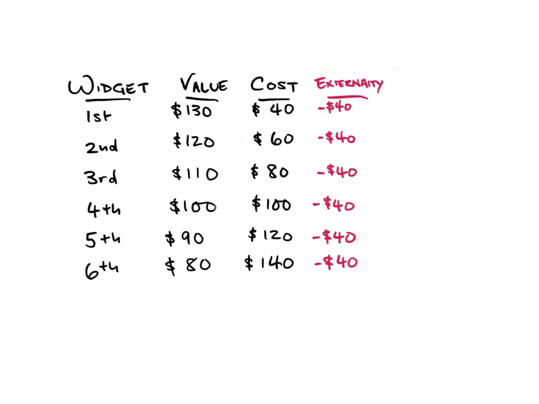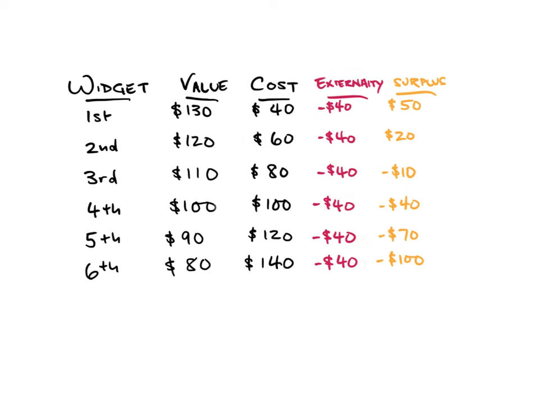If we take this table and calculate the surplus from producing each widget, well, if one widget gets produced, it goes to a person who has a value of $130. It costs $40 to produce. Then the externality, $40 of damage. So the total surplus generated is 130 minus 40 minus 40. It's $50 of surplus.